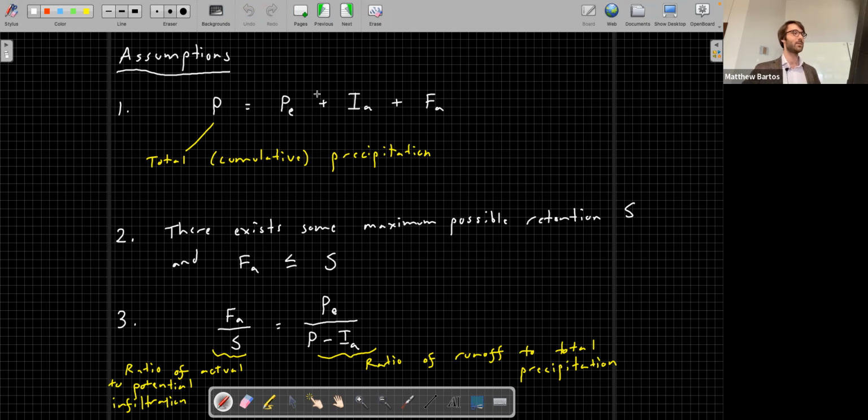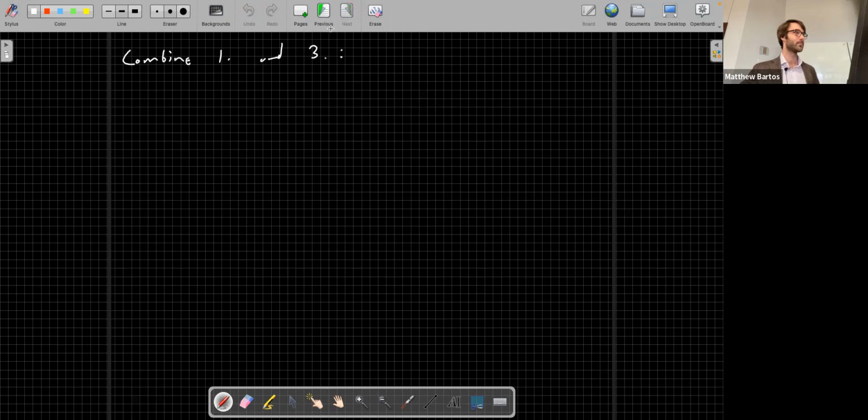So we can substitute that into 3. We have that P minus IA, the initial abstractions, minus the excess precipitation, divided by the maximum possible storage S is equal to the excess precipitation divided by the total precipitation minus the initial abstractions.